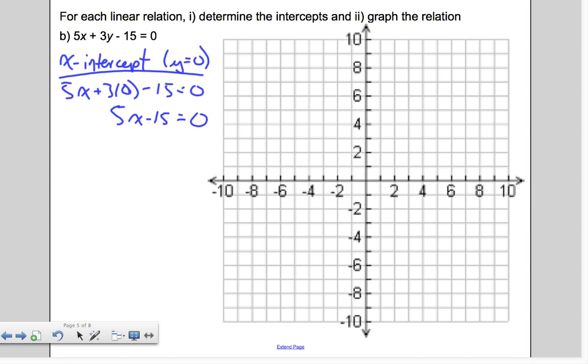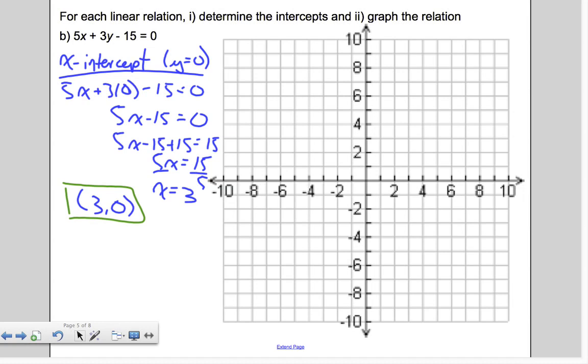Basically my y term goes away. So for 5x, we're going to add 15 to both sides. Minus 15 plus 15 is 0, and 0 plus 15 is 15. So 5x is equal to 15. Divide both sides by 5, we get x equals 3. Okay, so write down my coordinate pair, you need brackets, (3, 0). That's my x-intercept.